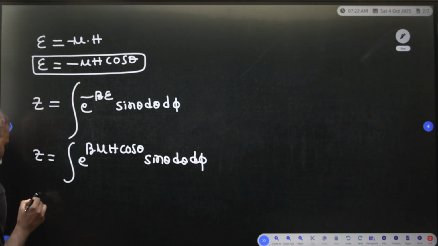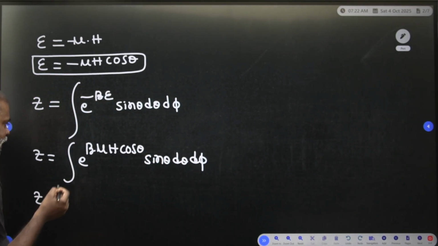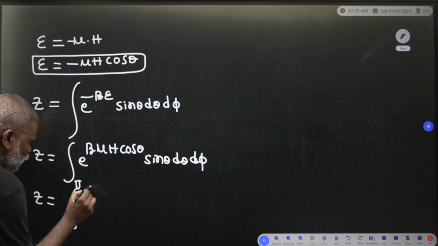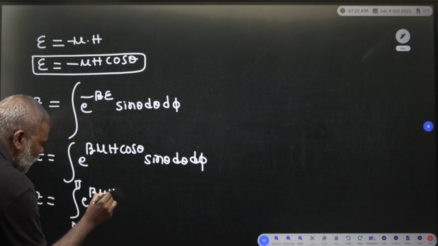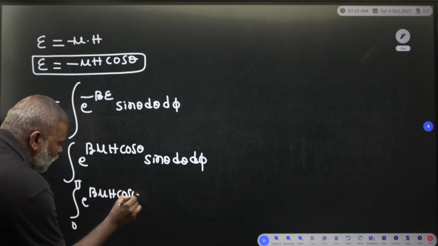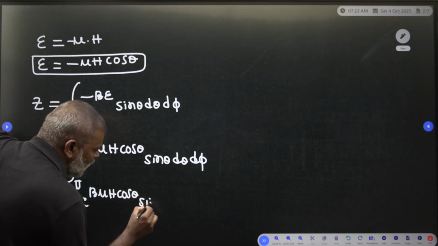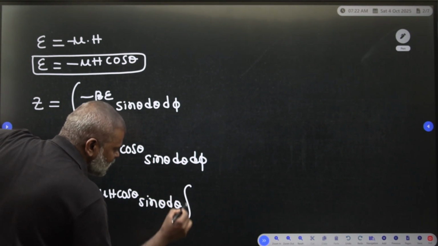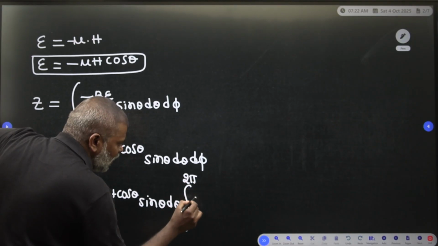You know that there are two integrals: integral 0 to pi of e to the power of beta mu H cos theta sin theta d theta, into integral 0 to 2 pi of d phi.